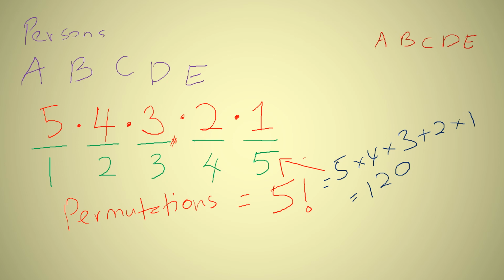We only have 3 chairs. Not everyone is going to be able to sit down. So we have chair 1, chair 2, and chair 3.